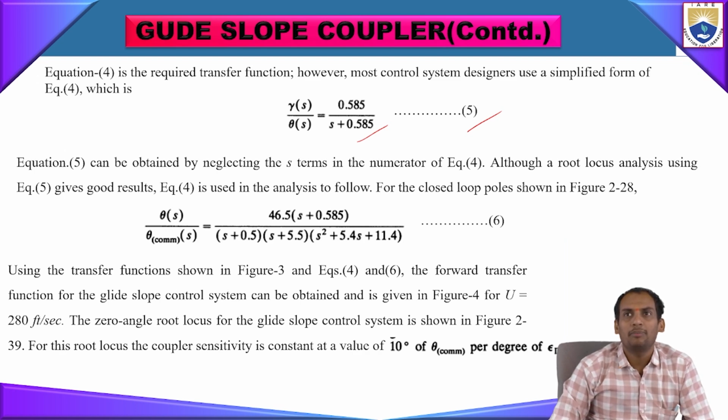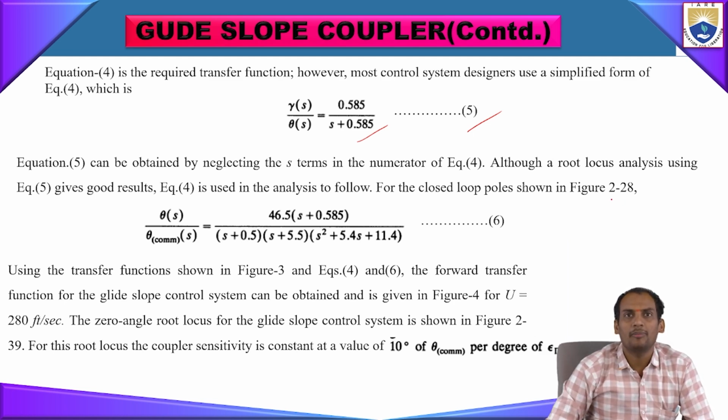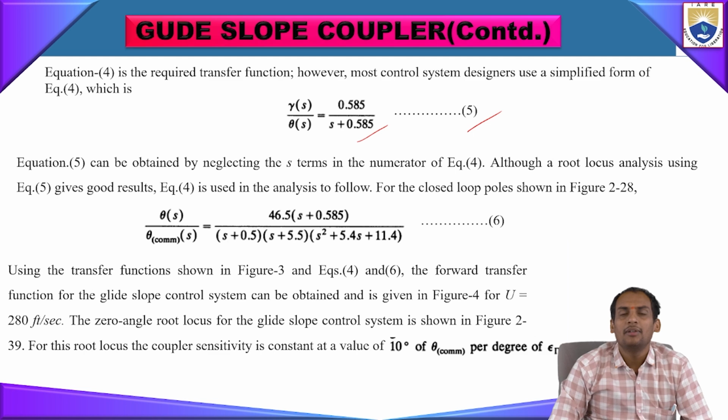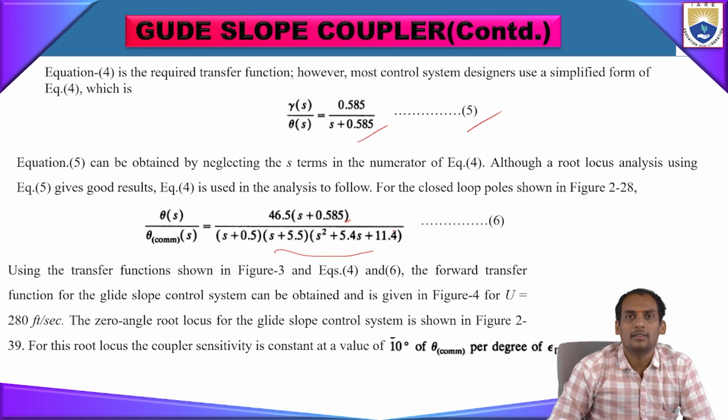So for the closed loop shown in the previous figure, theta of s by theta comma of s will be equal to, that means total that theta value will be 46.5 into s plus 0.05 by this function we are getting for this.